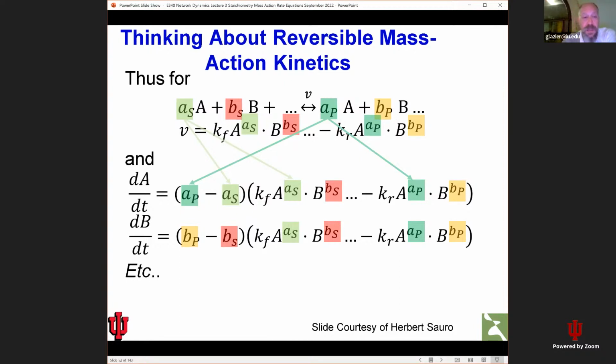And so each one of these stoichiometric coefficients shows up twice. You can see my pointer on the slide. So here, aS, my stoichiometric coefficient on the left.